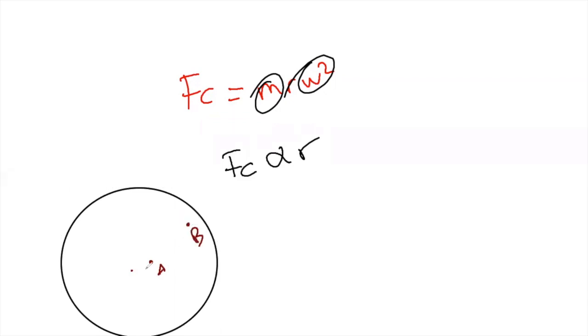So the further away I move, my velocity and the centripetal force increase, right? So this means that the greater my velocity, the greater my centripetal force. Now, I cannot make that relation because the formula doesn't support it, but let's imagine for a second. So we know that B has greater velocity and it has greater Fc.